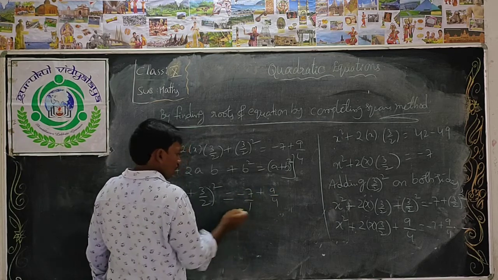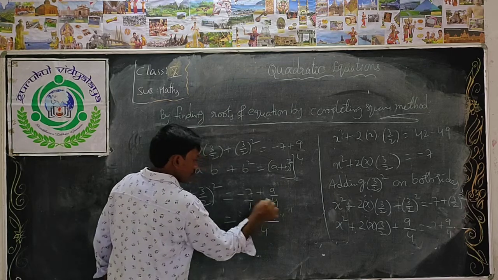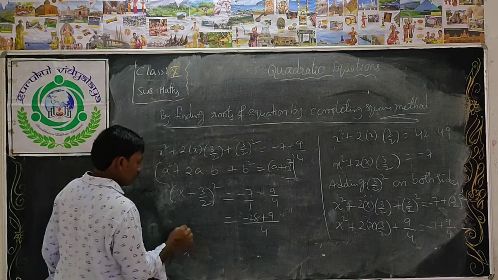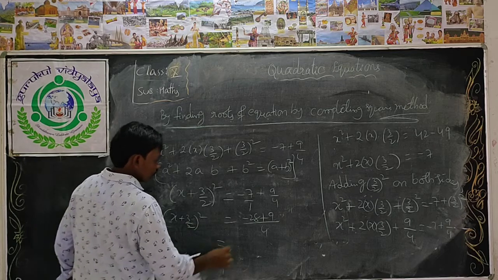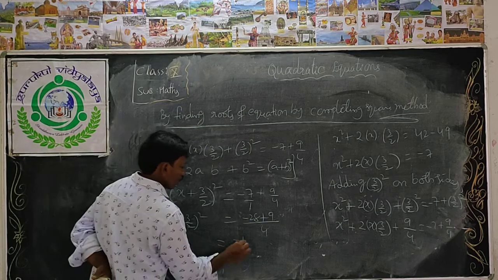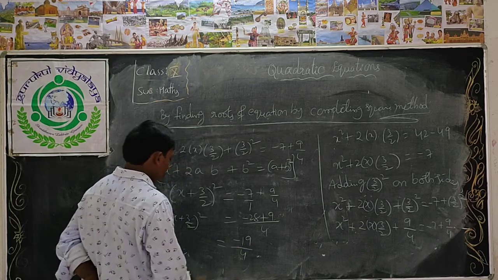So find the solution of the RHS. LCM of 1 and 4 is 4. 4 sevens are 28, minus 28 plus 1 nine is 9. Minus 28 plus 9, what is the value? Minus 19. So minus 19 by 4.